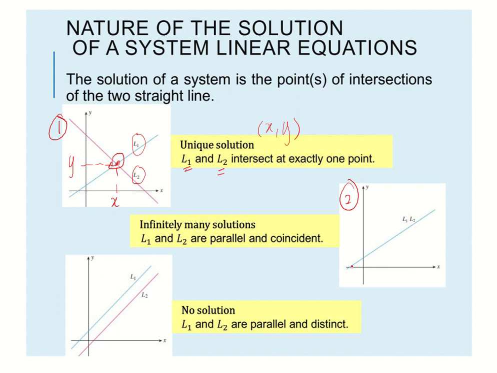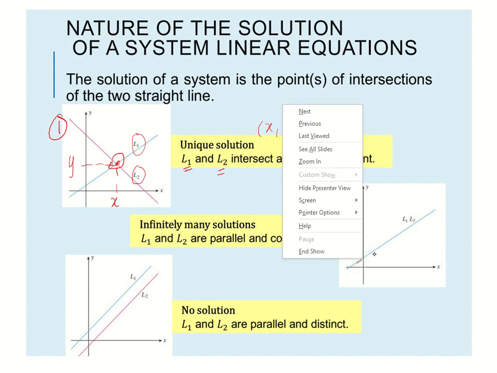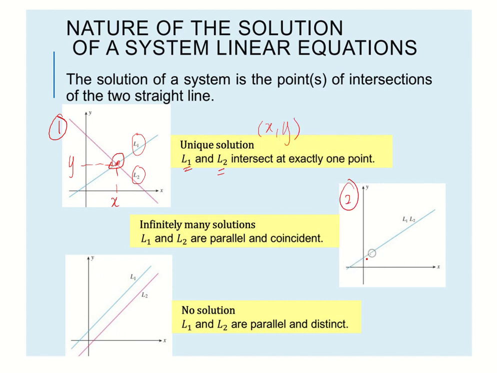It means that the two lines actually overlap each other. So if we look at the lines on the graph, it looks like one line only. Now for these two lines, how many intersection points?